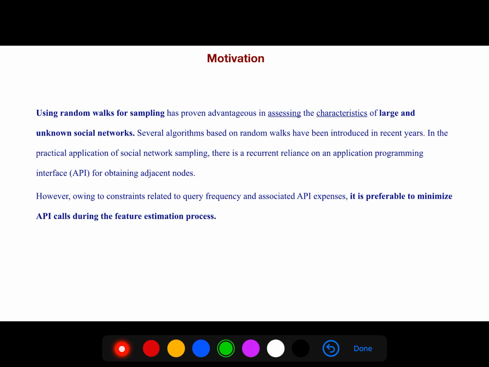Several algorithms based on random walks have been introduced in recent years. In the practical application of social network sampling, there is a recurrent reliance on an application programming interface for obtaining adjacent nodes. However, owing to constraints on query frequency and associated API expenses, it is preferable to minimize API calls during the feature estimation process.